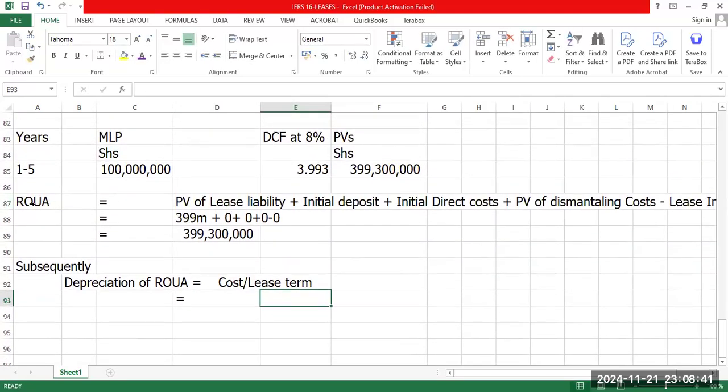Right of use asset is this one. So that is the cost.